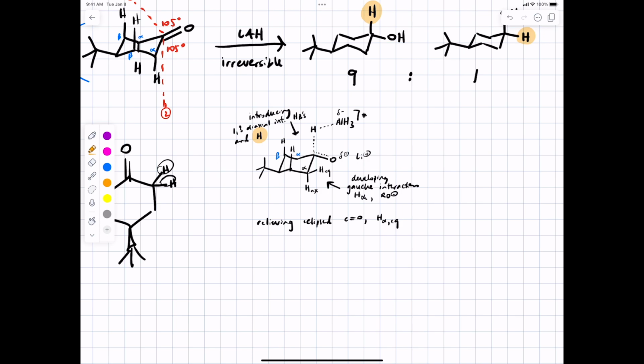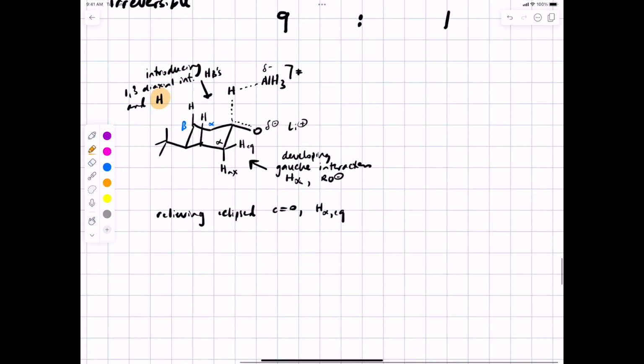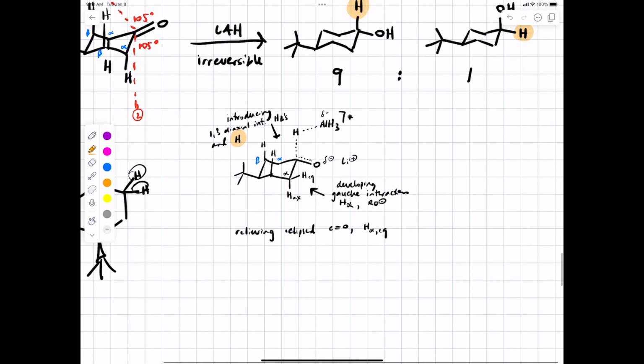It's probably the least bad of the options, right? Because it's hydrogen. And we have a sense for how bad 1,3 diaxial interactions are. They're called A values that we got from our chapter on conformations. All right, so that's the transition state that leads to the major product.